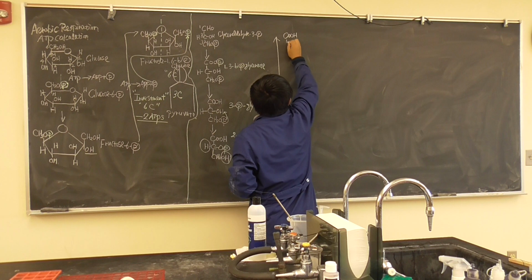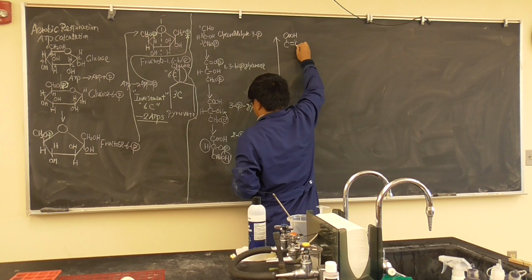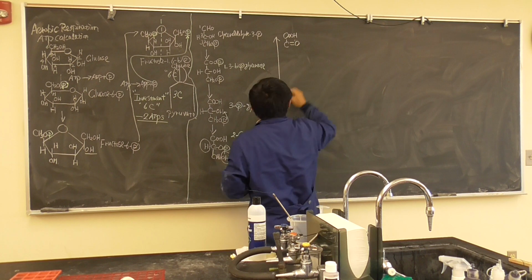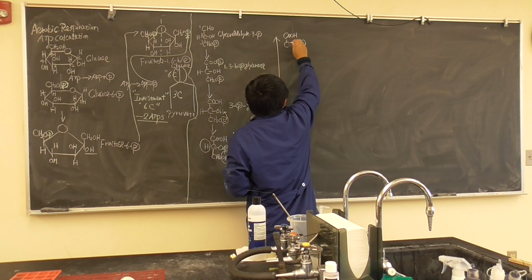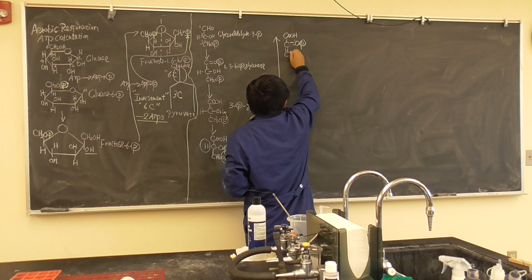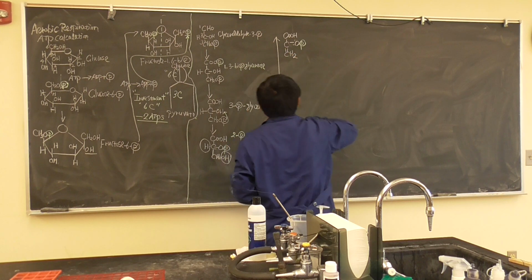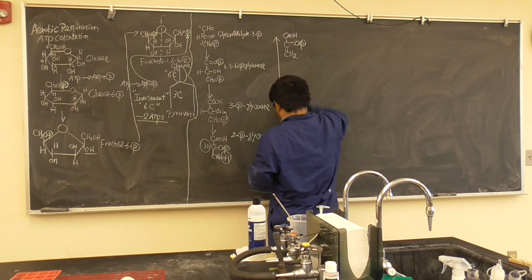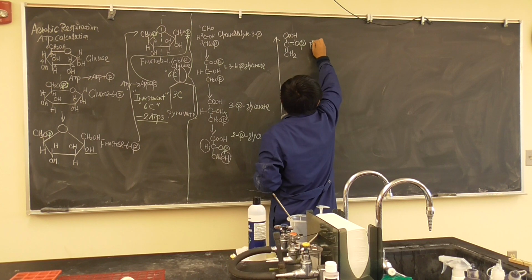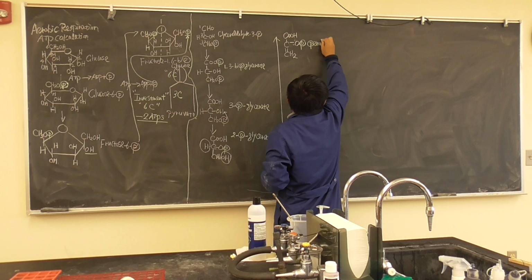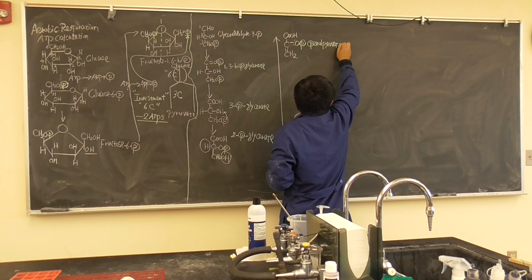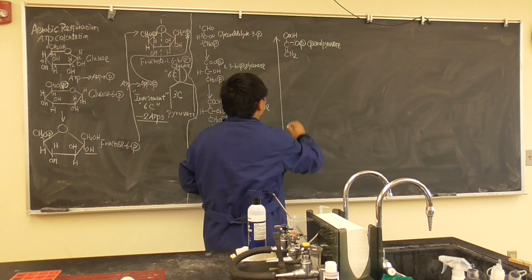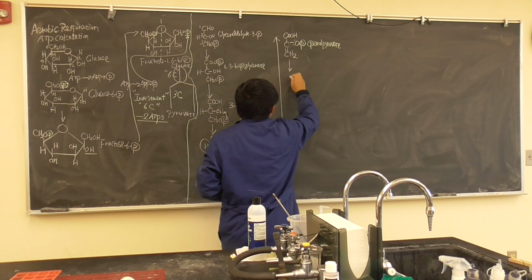So you go here, it will be CO. Same thing, P. And you go here, this double carbon becomes single, and here is CH2. So what is that? This is phosphoenolpyruvate.